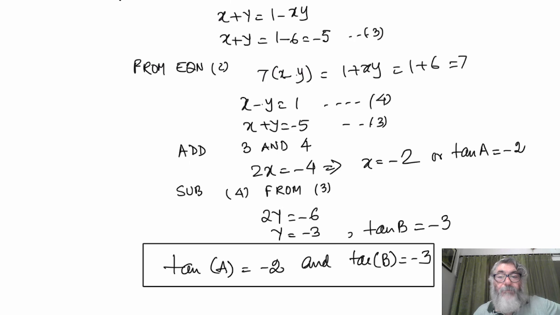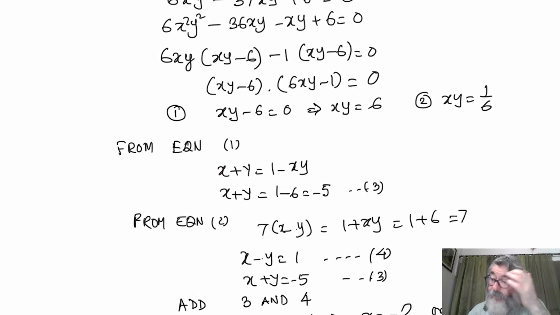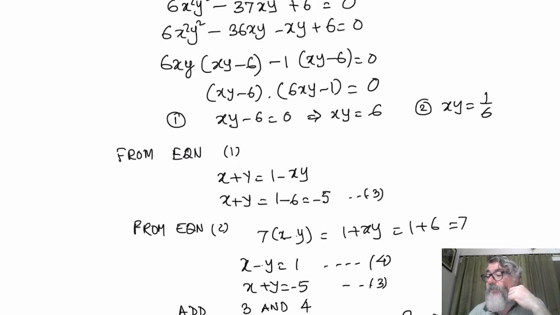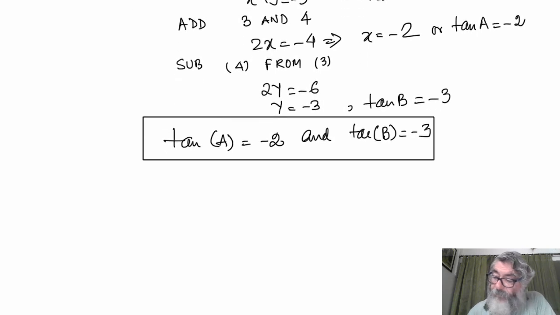In the second case, we will take xy is equal to 1 upon 6, because in the first case xy was taken as 6. For case 2, xy is 1 upon 6.